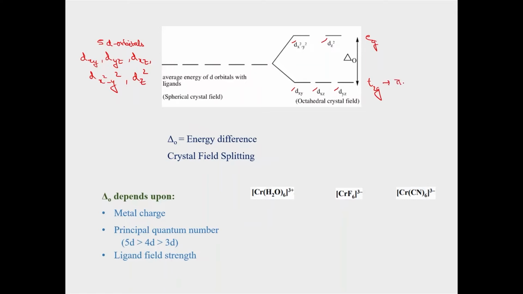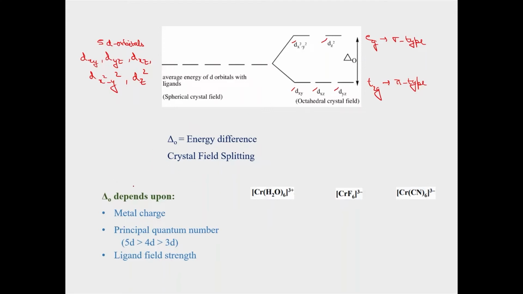T2g has pi type character, whereas Eg is sigma type. The difference between the T2g and Eg sets is the delta O value. This is also called the crystal field splitting.